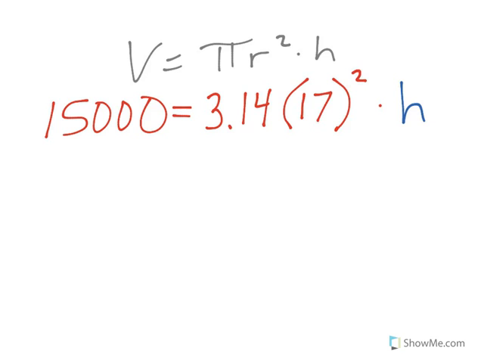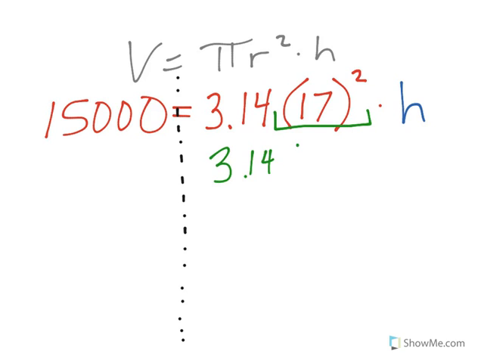There is our unknown. Recall that the equal sign in an equation splits it into two equal halves. Whatever you do on one side, you have to do to the other. Before we start manipulating things, let's simplify the right side. The order of operations tells us to square this first. When I square 17, I get 289.